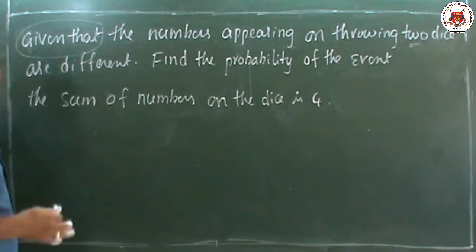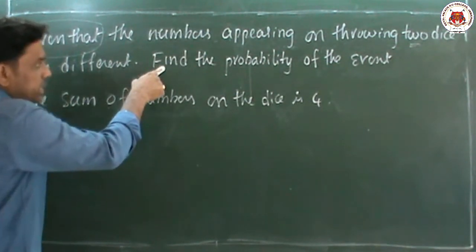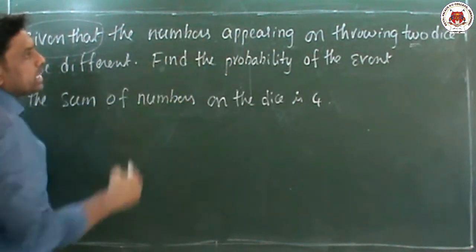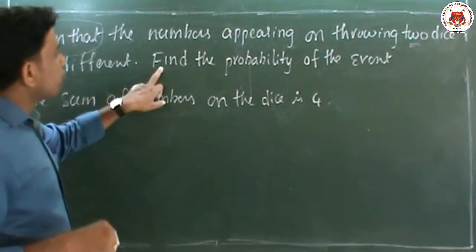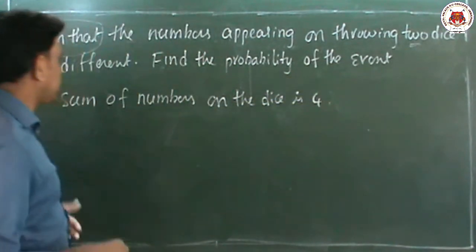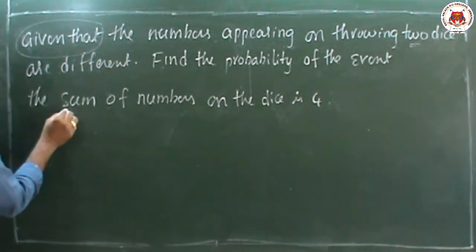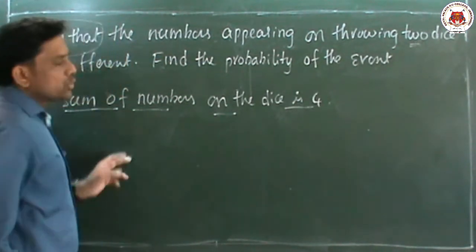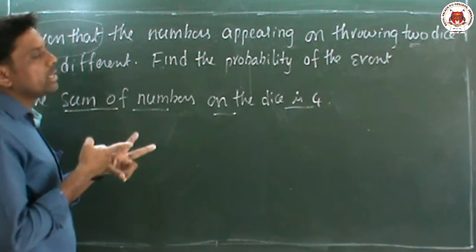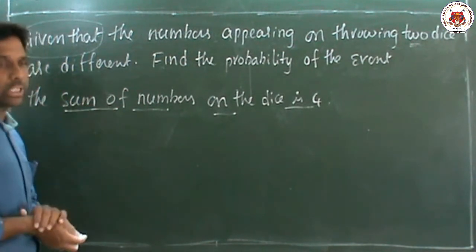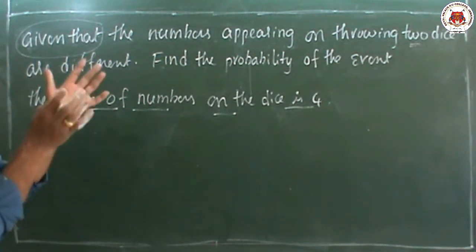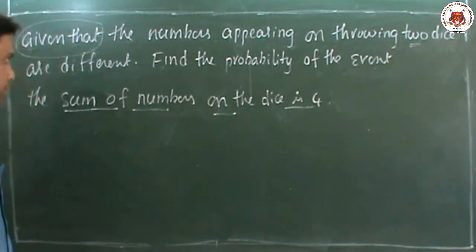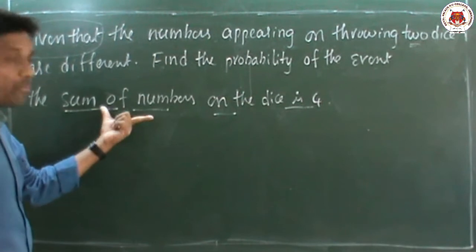Then E means what we have to find, clearly mentioned in the question. After find, whatever the event is, that is called E. Find the probability of the event. So what is E here? Sum of the numbers on the dice is 4. So 2 dice are there. The first die also has 6 numbers. The second die also has 6 numbers. If you add the numbers of these 2 dice, that sum must be equal to 4. This is called E. Why E?